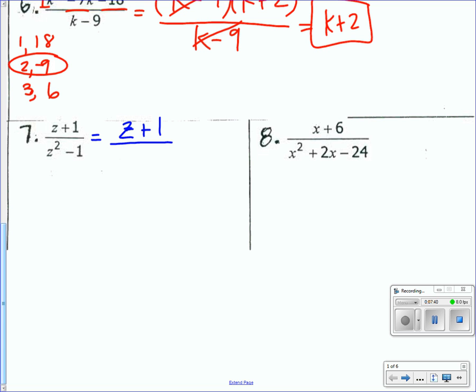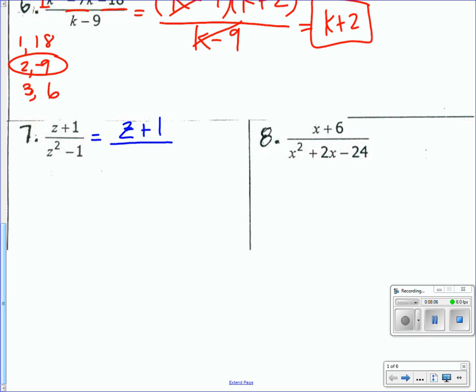How do we factor z squared minus 1? What type of problem is it? A difference of 2 squares? You guys can wake up. Are they both perfect squares? Z squared's a perfect square. Is 1 a perfect square? Yes.